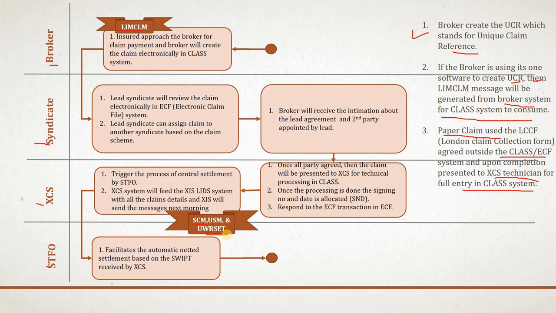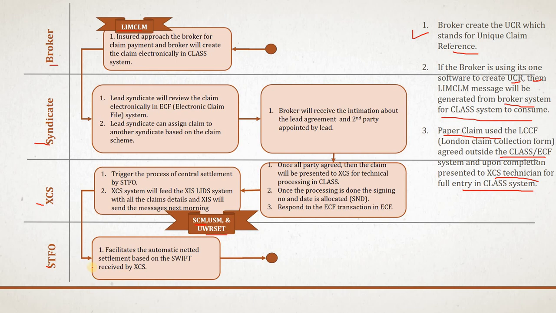So it is not like the system is generating one type of message at a time. As I explained earlier, in the evening around 7 o'clock, when all systems shut down for the final processing, the lead system will generate all types of messages, including USM, SCM, UWRSETT and MCM, and send them to all the parties.